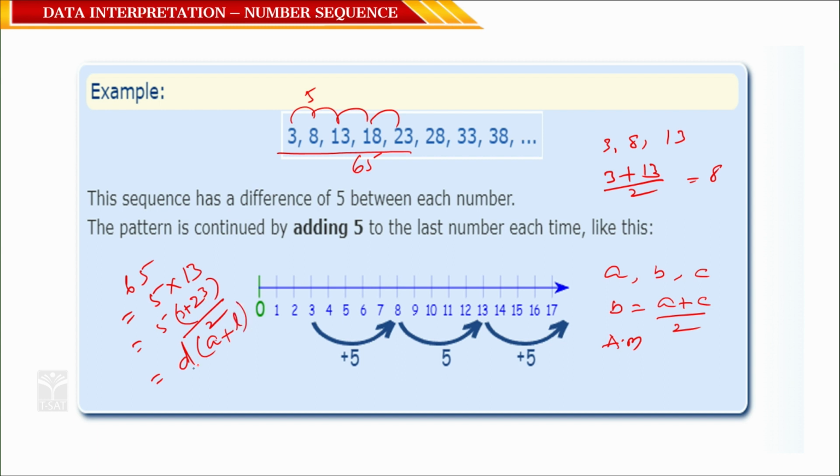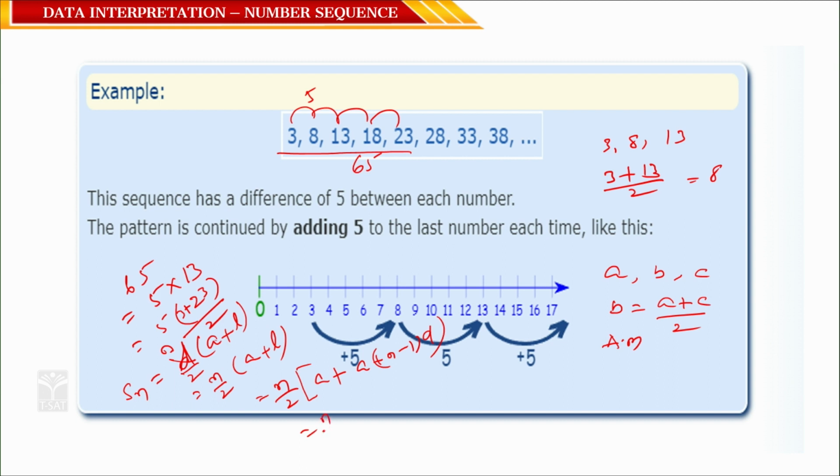L. So n by 2 of A plus L is the formula for the sum of n terms. Or you can write it as follows: the common difference D is 5, which coincides with n, because the number of terms is 5. So n by 2 of A plus L, where L is A plus n minus 1 into D, correct?